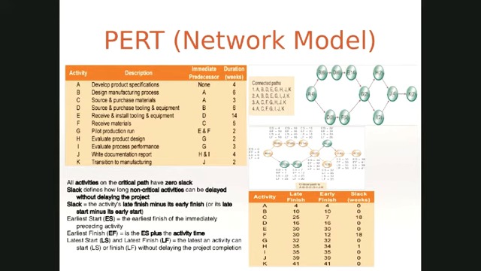So PERT basically started with the US Navy when it was building its Trident missiles. It wanted to make sure, because the military is famous for going over time and over budget, which of course ends up costing taxpayers a lot of money.